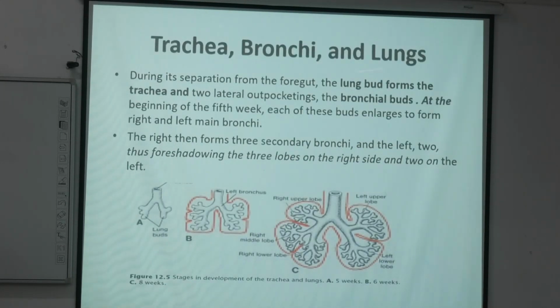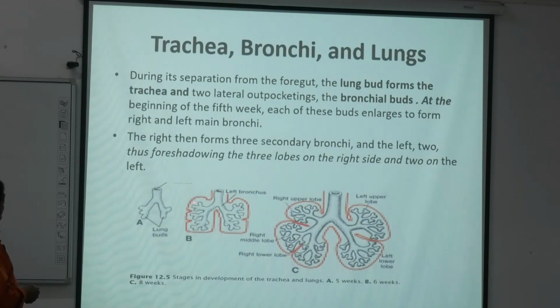Now, trachea, bronchi and lungs. During the separation from the foregut, the lung bud forms the trachea and 2 lateral outpocketings, the bronchial buds. At the beginning of the 5th week, each of these buds enlarges to form the right and left main bronchi. Here the lung bud, right and left bronchus, and the right then forms 3 secondary bronchi and the left 2, thus foreshadowing the 3 lobes on the right side and 2 on the left side.